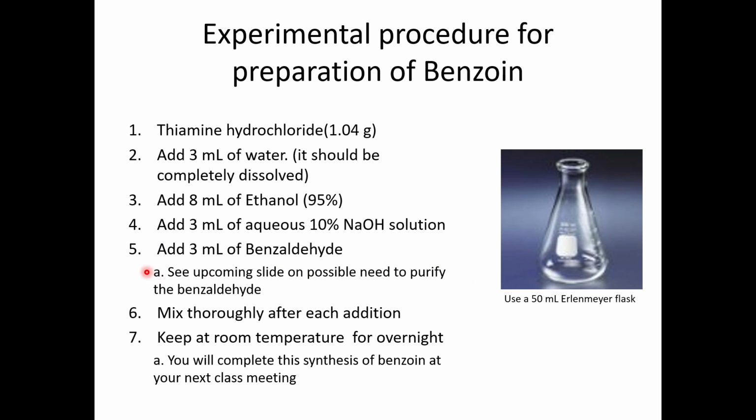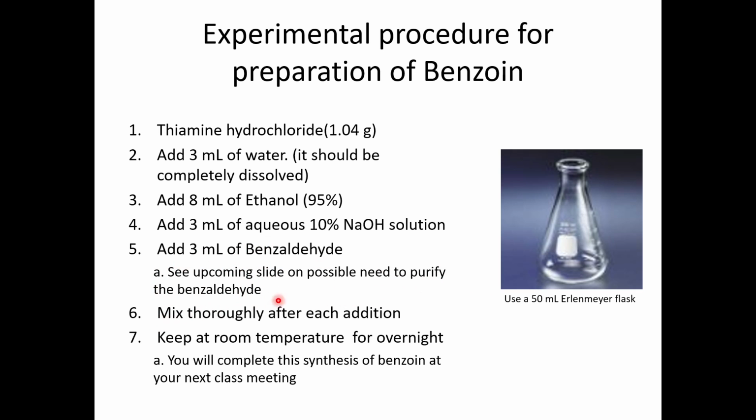If you remember correctly, there is a note, see upcoming slide, about the possible need to purify the benzaldehyde. The first lab that we did in this class was the purification of the benzaldehyde, so we don't need to see this again. We already saw it in the second section, and it was a very easy experiment.